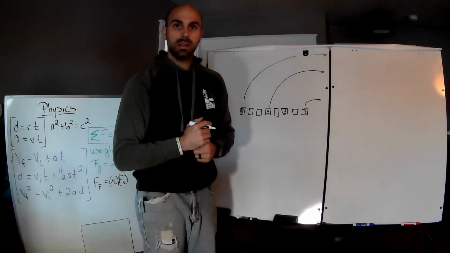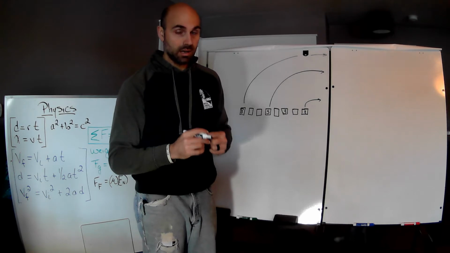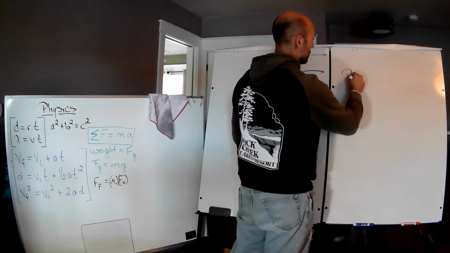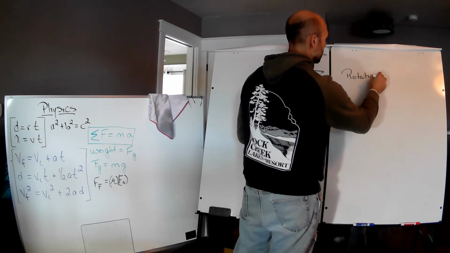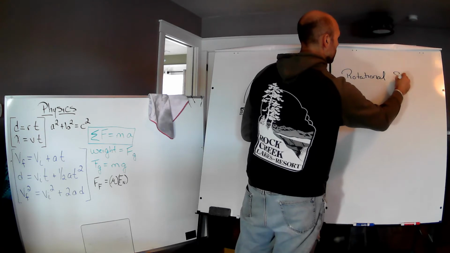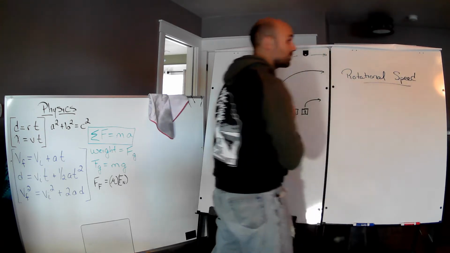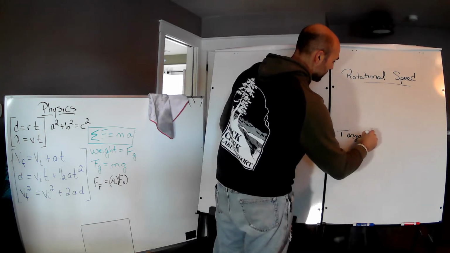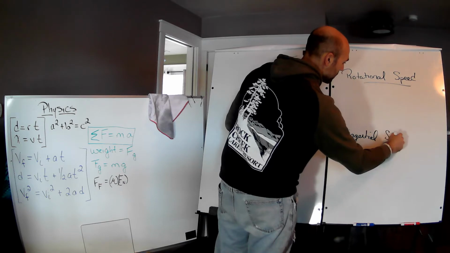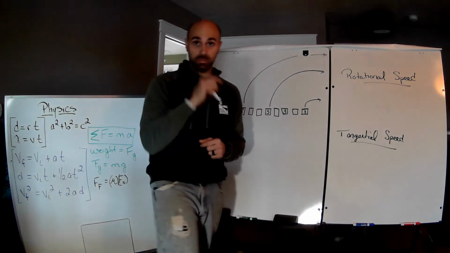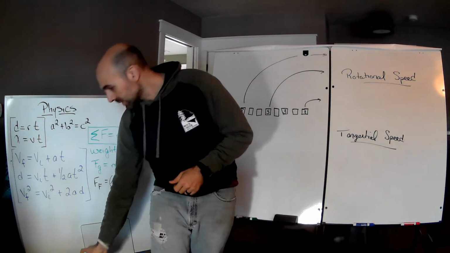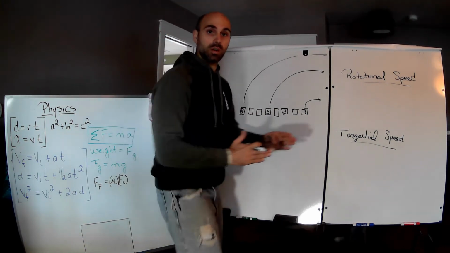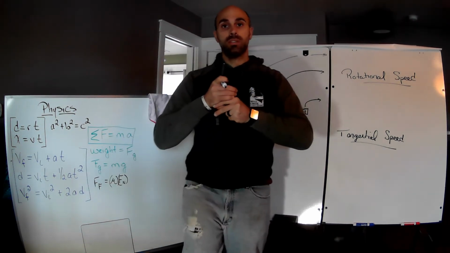Let's talk specifically about the rotational speed and the tangential speed. So, you have these 8 people. They're marching, they're walking in a circle, they're playing their instruments, correct?